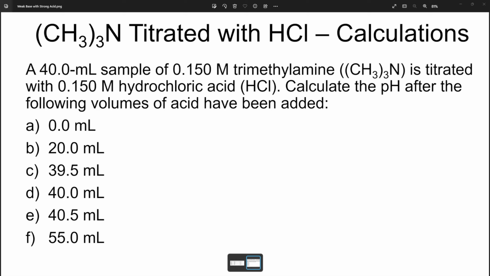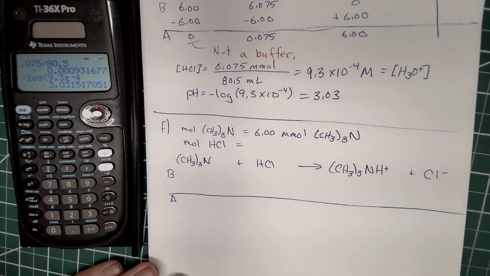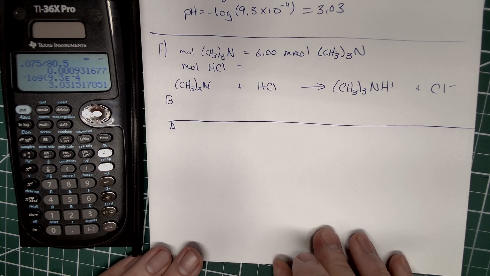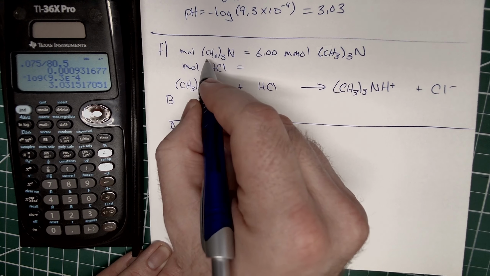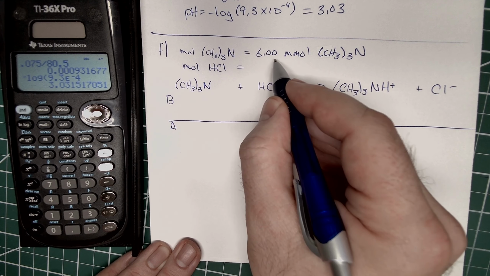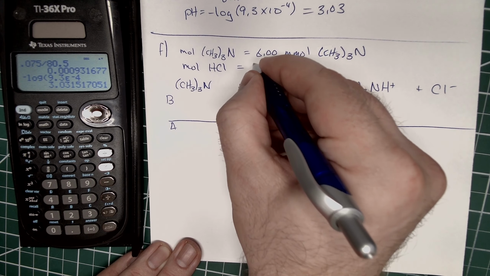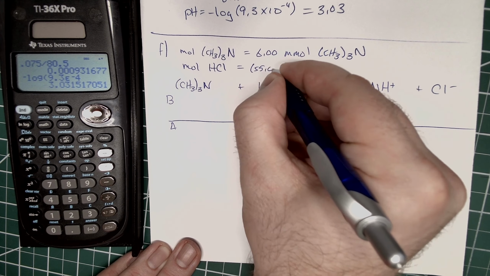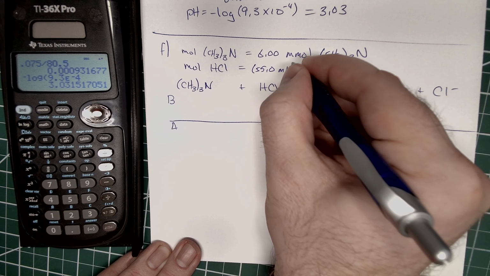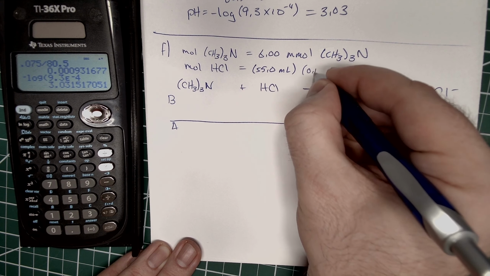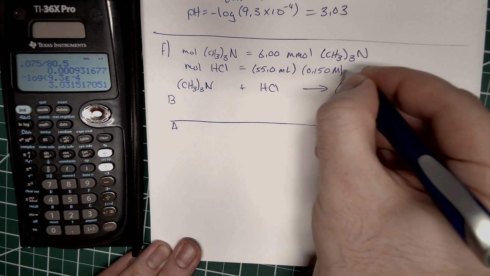So 55 milliliters of HCl. We're well beyond the equivalence point. So I'm going to come back over here, and again, I've already written out some of this. So our moles of the trimethylamine, 6.00 millimoles. That's how much we started with. Our moles of HCl, we'll do 55.0 milliliters times 0.150 molar.